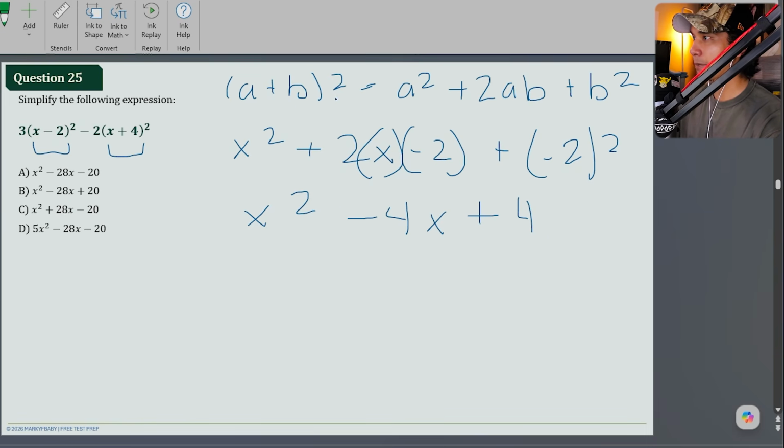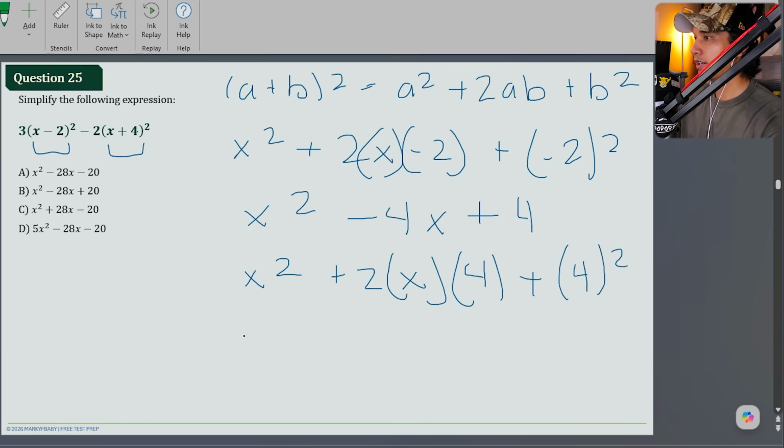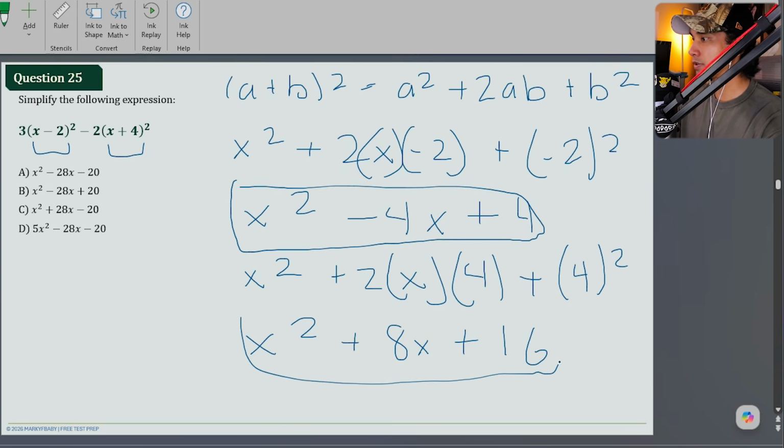So let's go ahead and apply this to (x plus 4) squared. So let's do x squared, plus 2 times x times 4, a positive 4, plus 4 squared, and then we get x squared plus, what is 2 times 4? That's 8x, plus 16. So these are our binomials squared, expanded.